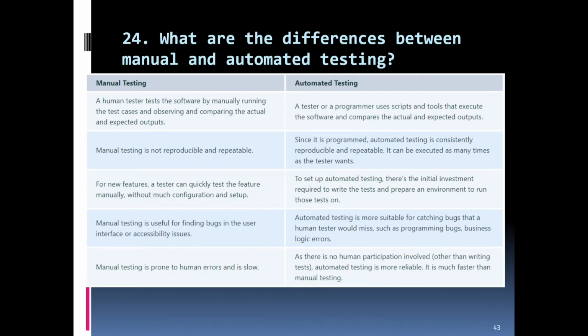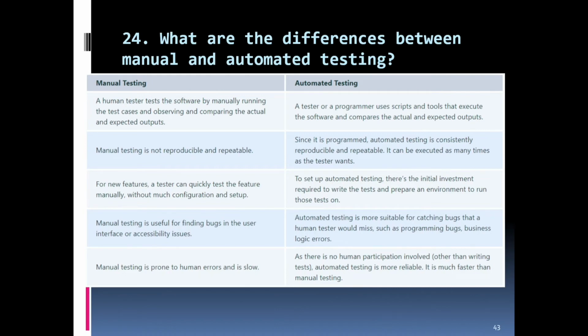Manual testing is useful for finding bugs in the user interface or accessibility issues, whereas automated testing is more suitable for catching bugs that a human tester would miss, such as programming bugs or business logic errors. Manual testing is prone to human error and is slow, whereas in automation testing, as there is no human participation other than writing tests, it is more reliable and much faster than manual testing.